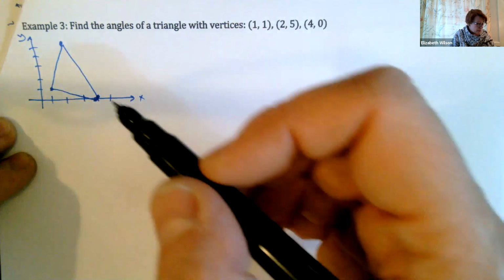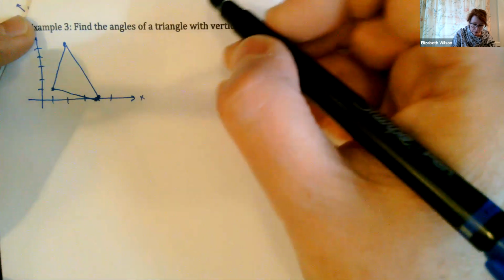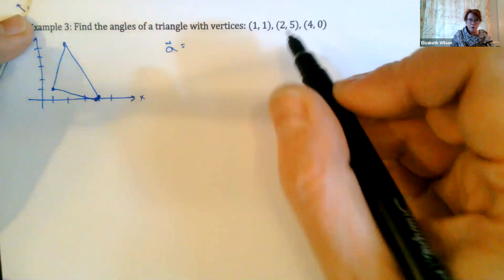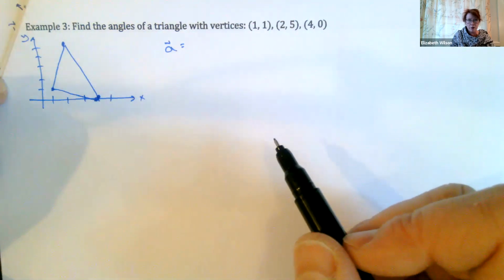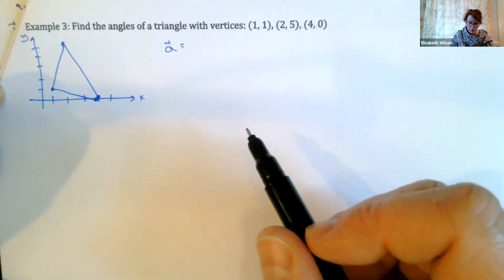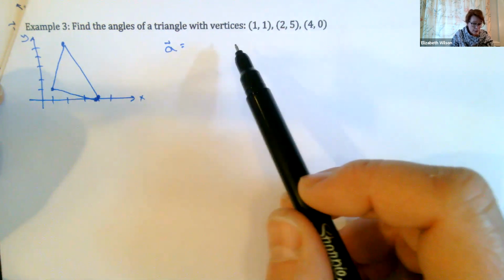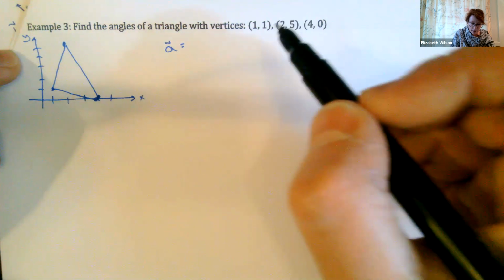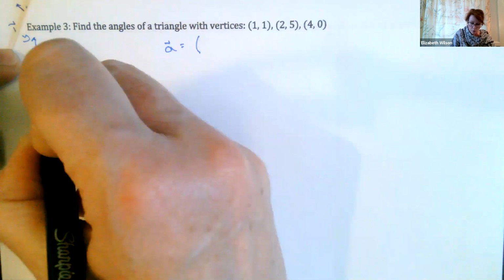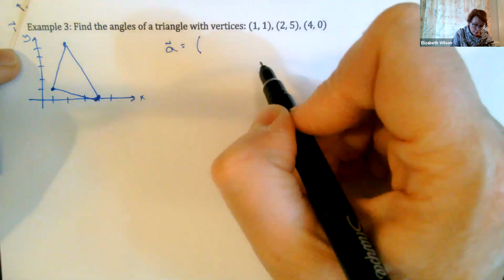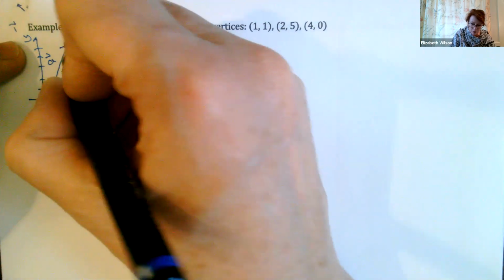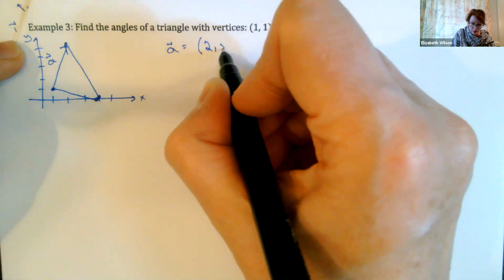It doesn't matter how you want to do this, but pick one of them as your initial and terminal points and decide how you want to do that. For me, I said A was going to be the vector between (1, 1) and (2, 5). This is my displacement vector. I'm going to go terminal minus initial.